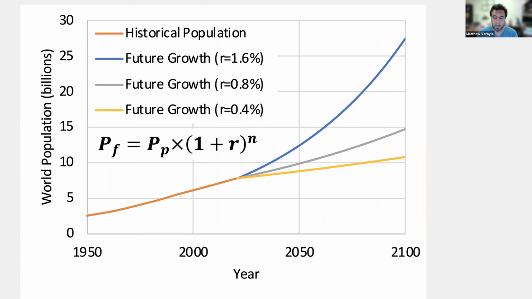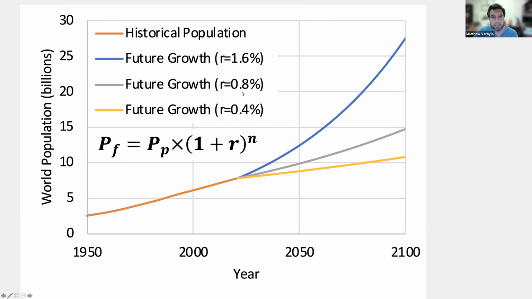that we're projecting population growth. And so just like the previous figure, showing high growth rates, medium growth rates, low growth rates, you can see here in this figure, if we were to assume a future world population growth of 1.6%, then we would have the pattern here shown in blue. And by the year 2100, we would have more than 25 billion people in the world.